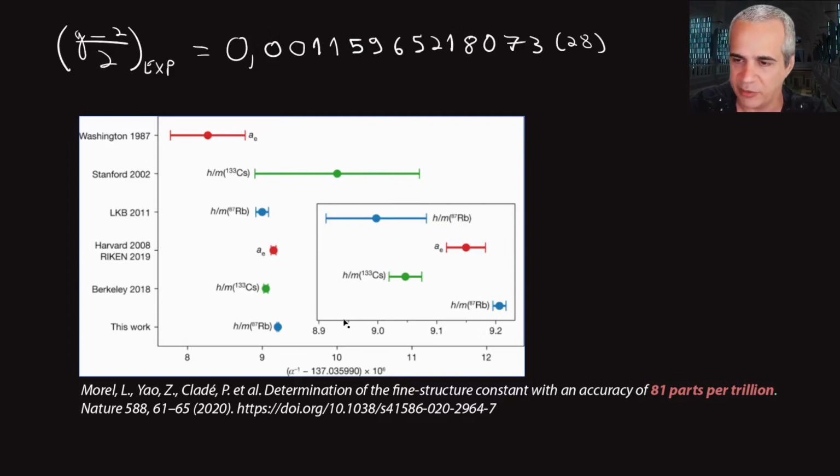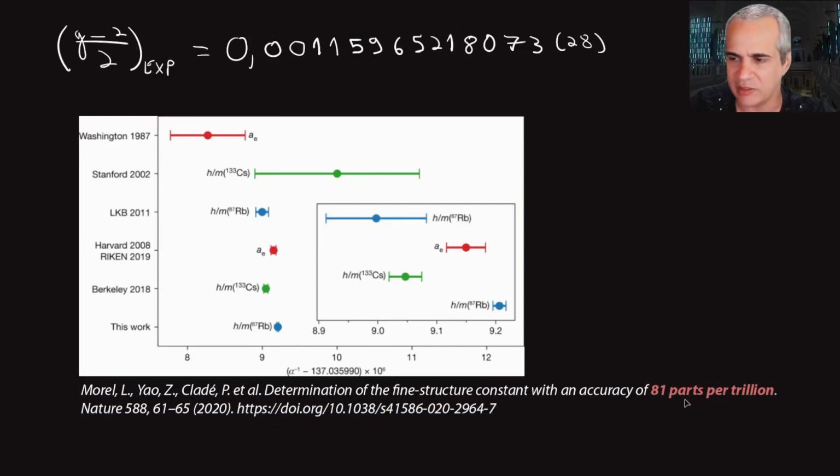Especially you can see that in this plot on the box here, which is a blow up of these points. You can see that it's going even to 0.1 in 10 to the 6 here. And this is from the paper that does this very last measurement here, the most precise ever. And the precision is so impressive that they couldn't even resist including how good the precision is in the title of the paper.